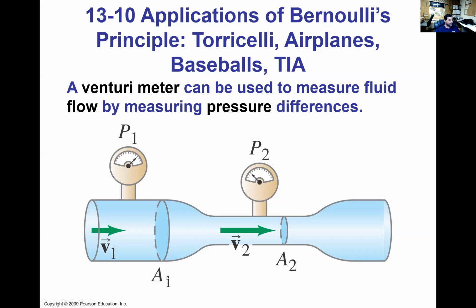Before I go on, if you take velocity and area and multiply them together, you have area, which is some length squared, and you have velocity, which is length per time.